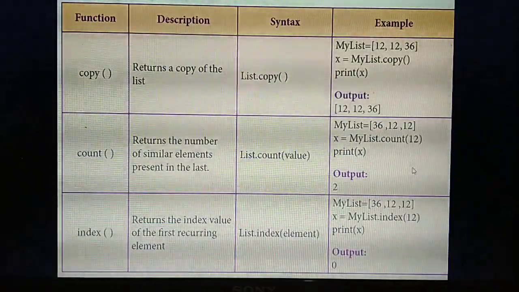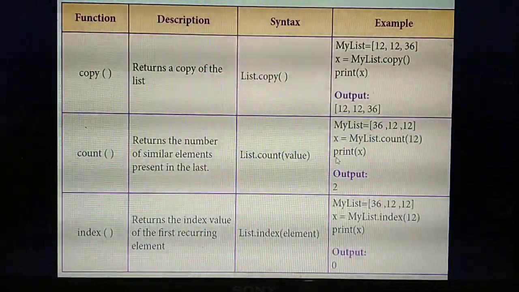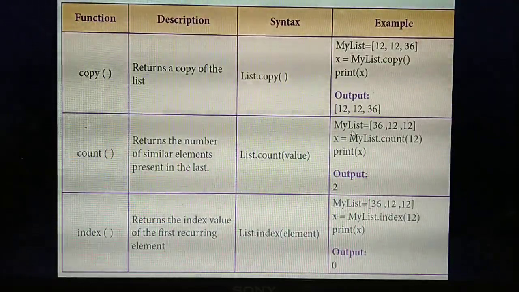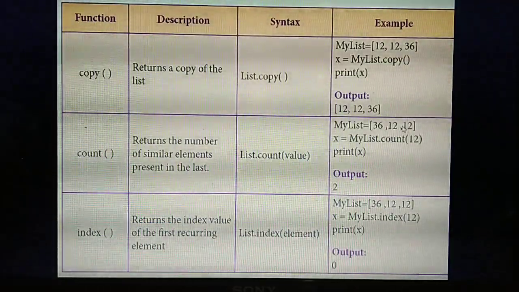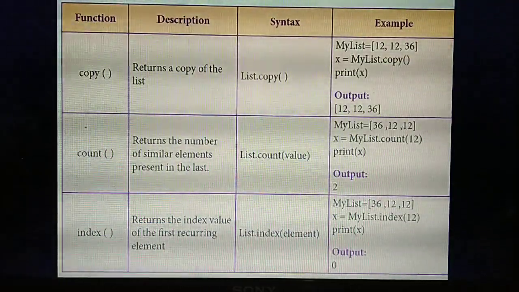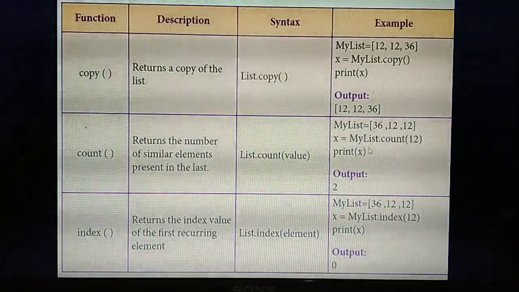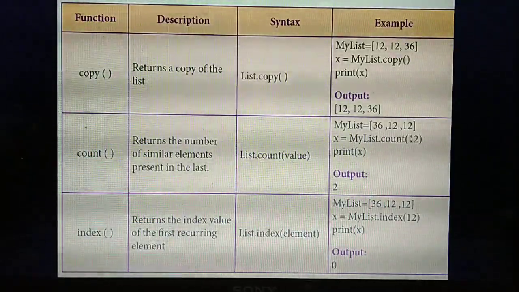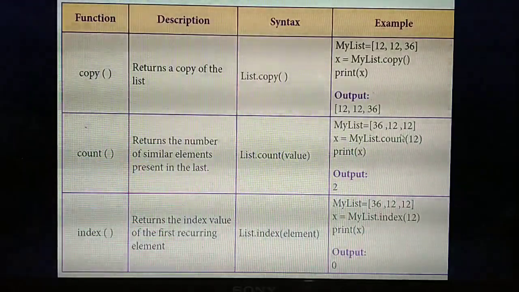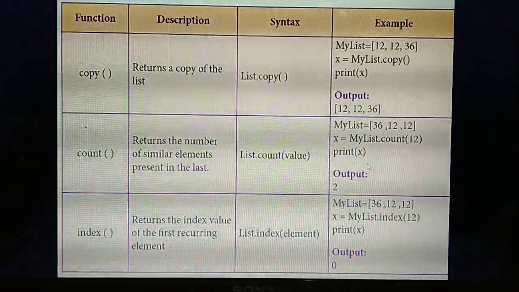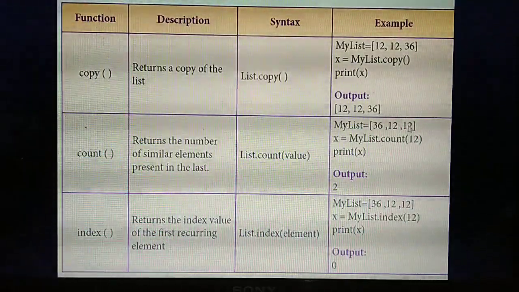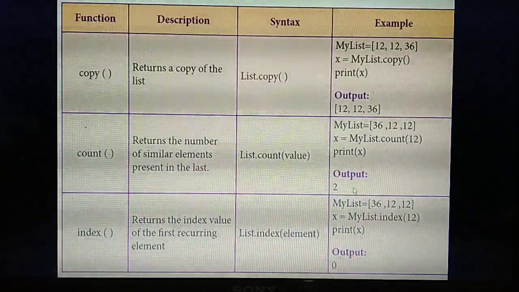Likewise it is useful for such things. So it will return how many similar elements are there. See the list 36, 12, 12. For that you are declaring the variable x equal to, what's the syntax? Name of the list dot count. Which value are you going to count? 12. Next you are printing the value x. See the output. How many times has 12 occurred? 2 times. So you will get the output as 2.